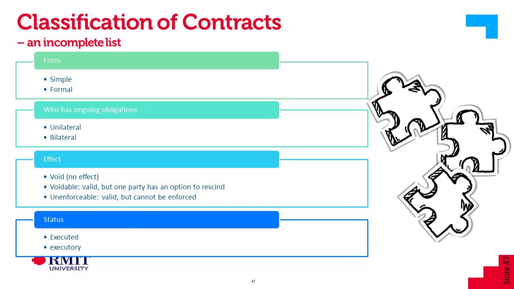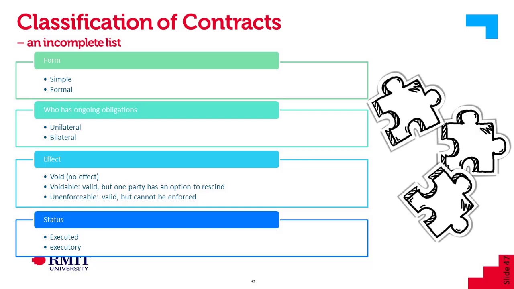And there are particular rules about reading it when it's a bit of both. Other classifications are to do with effect, which we've already spoken about, the difference between void and unenforceable. And then the last thing that we do need to think about occasionally is the difference between an executed contract and an executory contract.